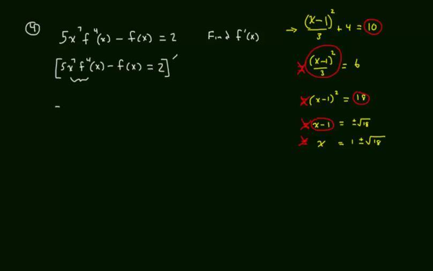So first term times the derivative of the second. 4 stuff to the power of 3 times the derivative of the stuff plus second term times the derivative of the first, 35x to the power of 6 minus, and then we have f prime of x, and then that equals the derivative of 2, which is 0.